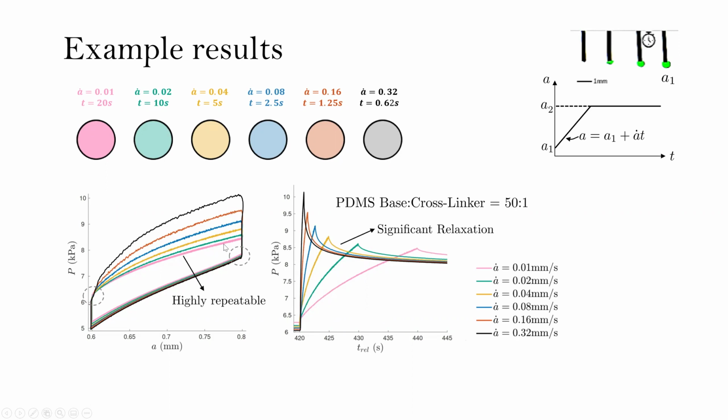The other thing we see is that irrespective of the stretch rate that we loaded, when we wait long enough, the pressure that it ultimately relaxes to is always approximately constant. So this relaxed equilibrium pressure is highly repeatable, and we will later use these repeatable pressures to extract the elastic moduli of the material.